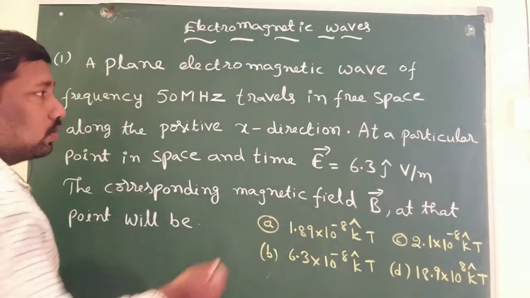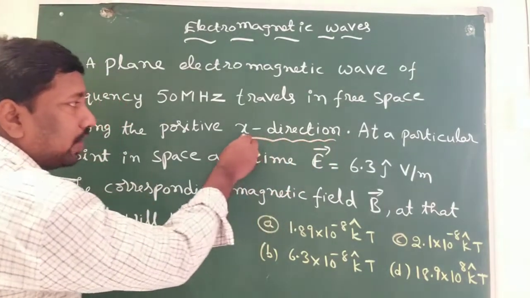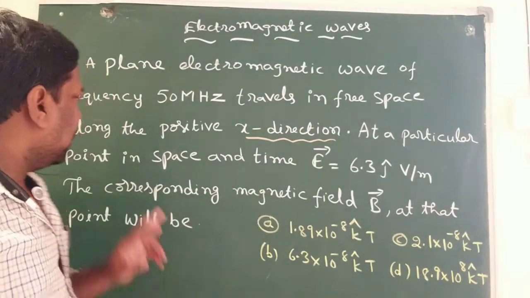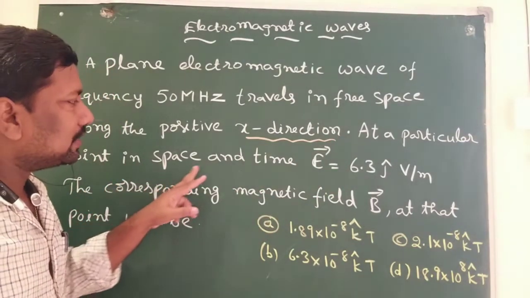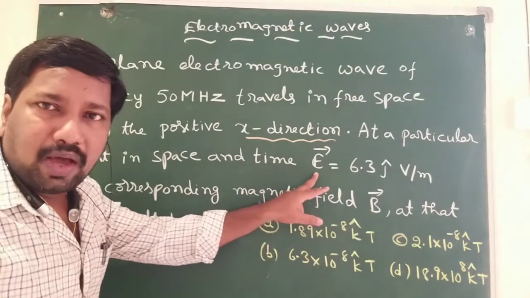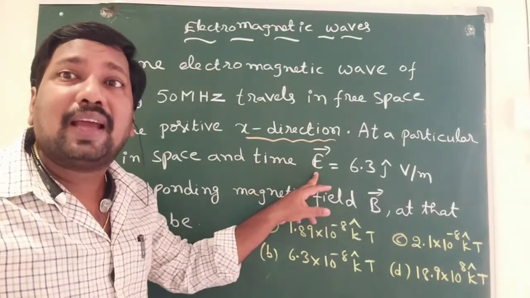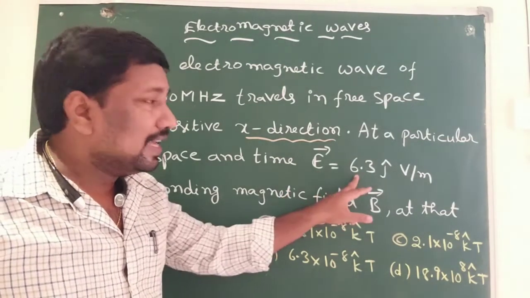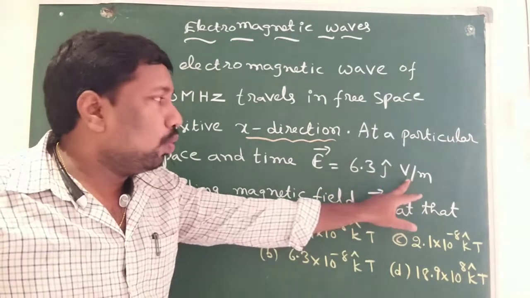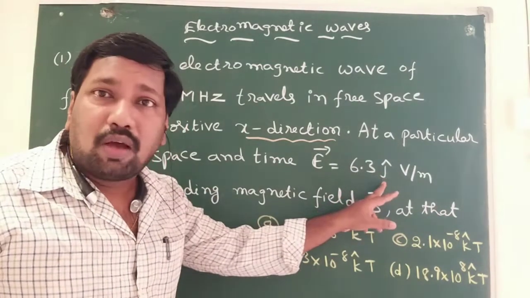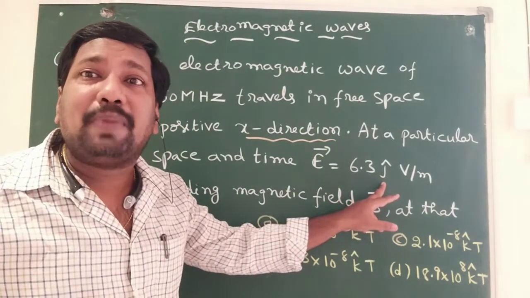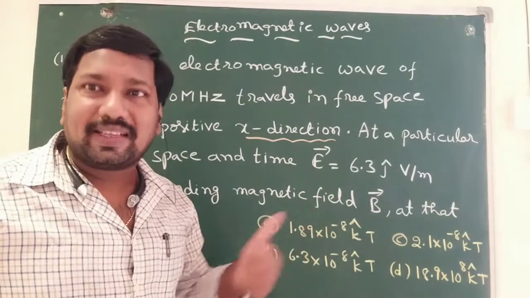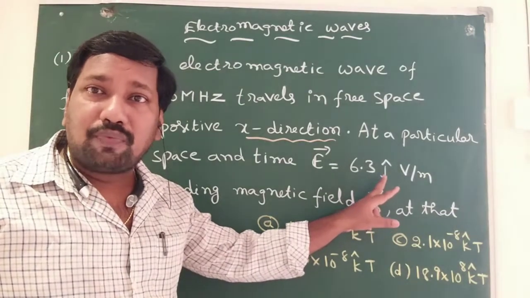Here the electromagnetic wave is moving in the x direction, and at a particular point in space and time, E bar is the electric field intensity of the wave, that is 6.3 j cap volt per meter. Here j cap is the basic unit vector along the direction of the y axis.